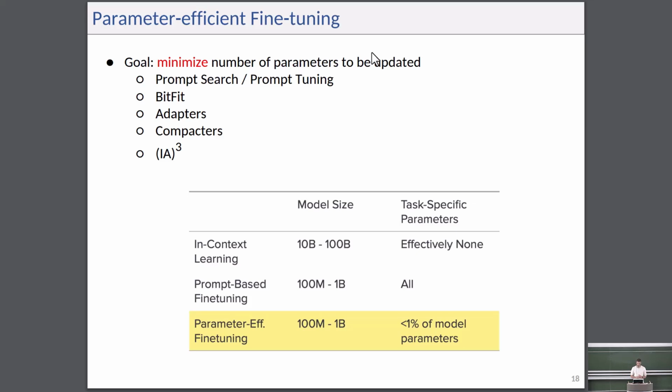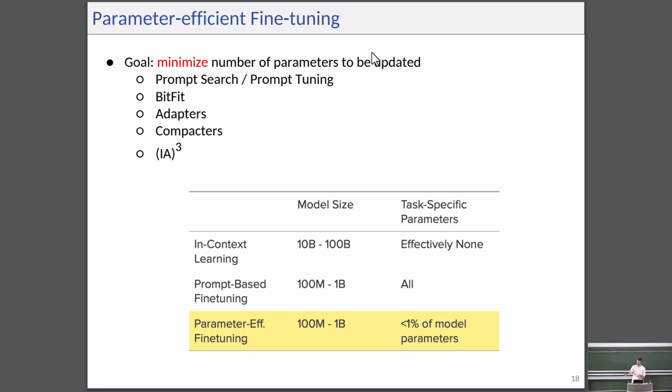Prompt-based fine-tuning, well, I can go slightly lower because I have some fine-tuning available, but I still need to retrain all the parameters. And then the next idea is, maybe I could update just some of the parameters of the large language model, so I leave hopefully more than 99% of them untouched.